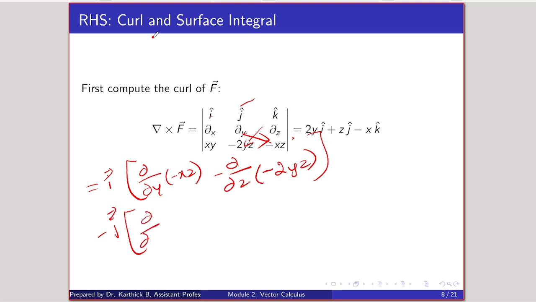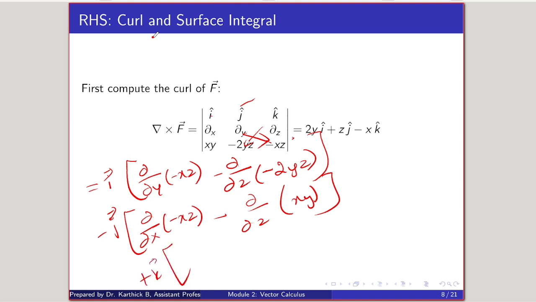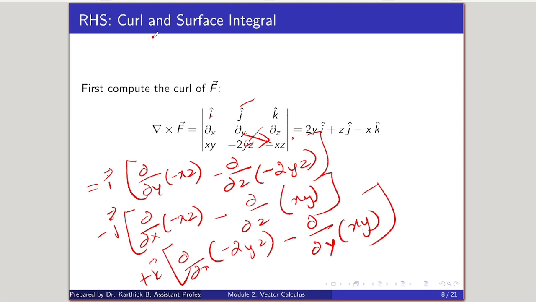So remainingly dou by dou x of minus xz, minus of dou by dou z of xy. Then lastly k vector into dou by dou x of minus 2yz, minus dou by dou y of xy. While differentiating this, I will get the value 0. Here I will get minus 2y. So here minus and minus gives plus, so I am getting 2y.